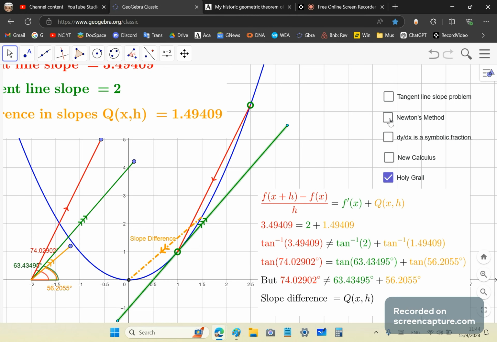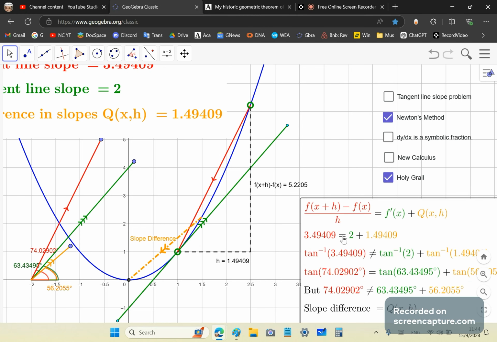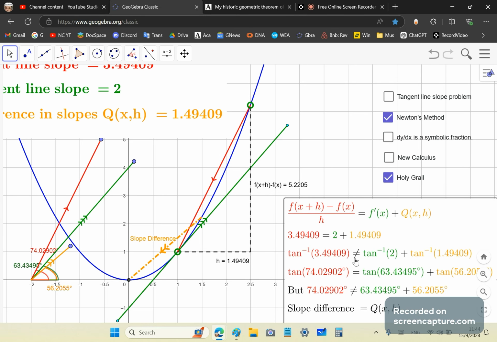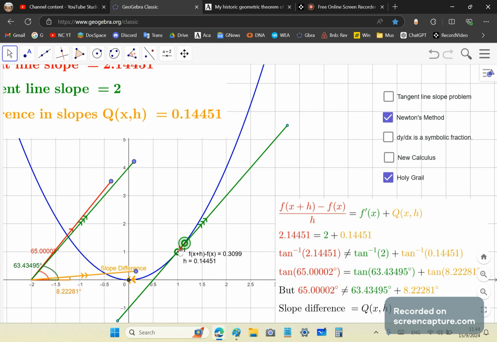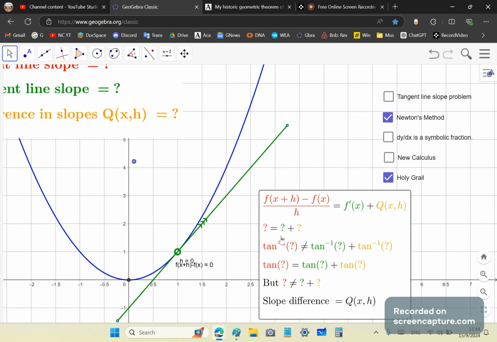Remember I showed you that earlier on, or have you forgotten already? See, rise, this 5.255, over run, okay? And of course, it was always wrong because even when you get there, what happens? You don't have anything, right? You don't have a non-parallel secant line slope, you don't have a tangent line slope, and you do not have a slope difference, okay?